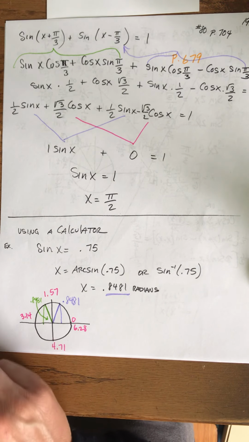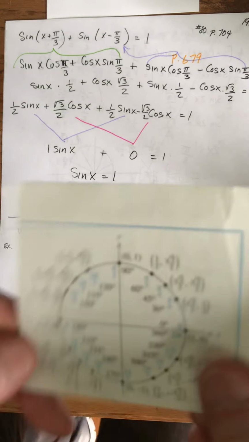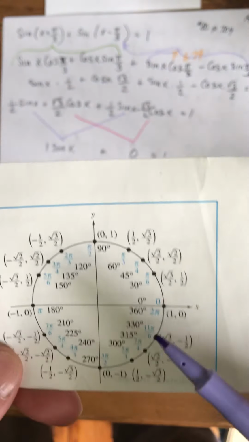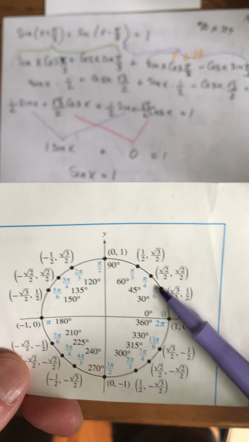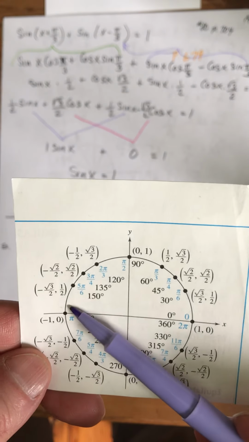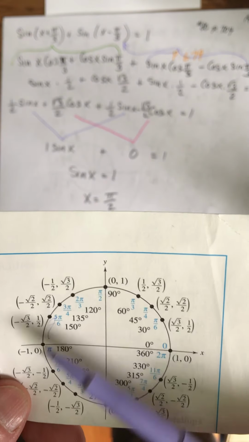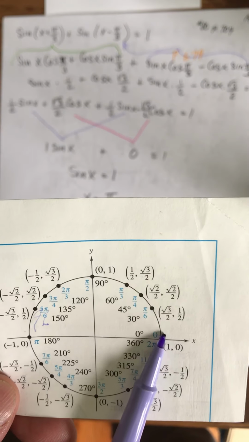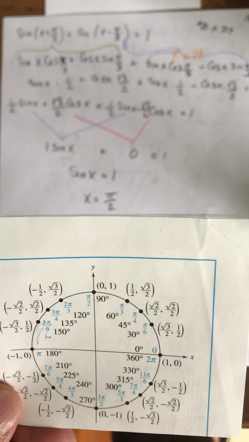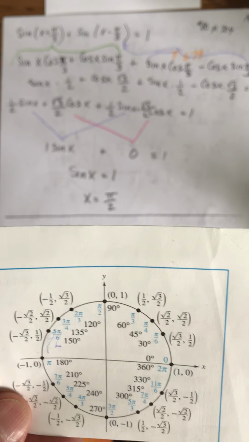Just like on the unit circle, we have a pi over 6 here. It's pi over 6 away from the x-axis. Well, over here it's also a pi over 6 away from the x-axis. This 5/6 pi tells us how far it is from here over to the 5/6 pi.